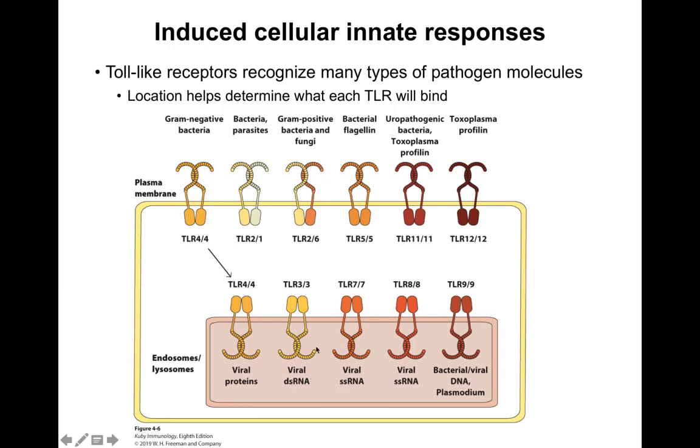So viral double-stranded RNA is recognized by TLR3, and viral single-stranded RNA is recognized by TLR7 and 8. And then bacterial or viral DNA, or plasmodium, is recognized by TLR9.